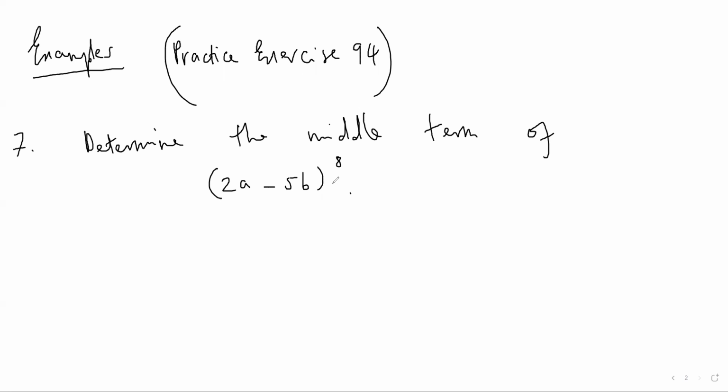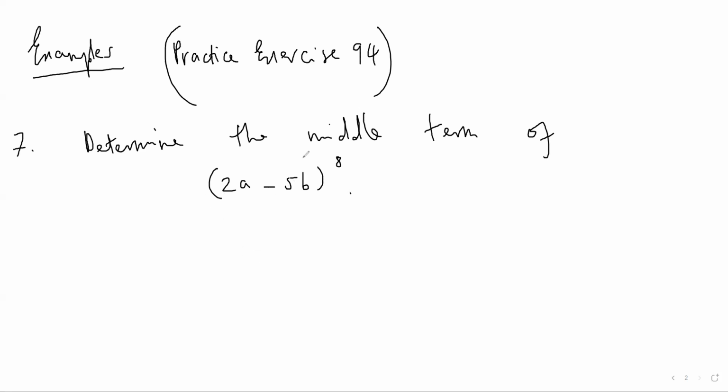Which is the middle number? If you go from 1 to 9, the middle number is obviously 5. So if you've got 9 terms, the middle term will be the fifth term.